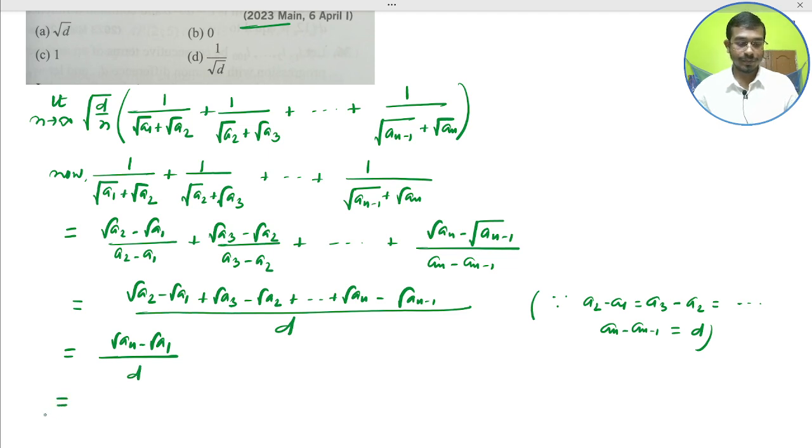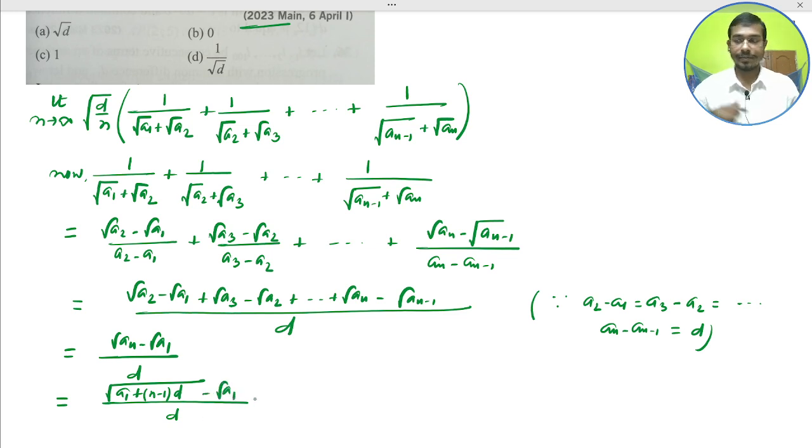This is equal to what? Put this value, root an means root of a1 plus n minus 1 into d, minus root a1, as it is.